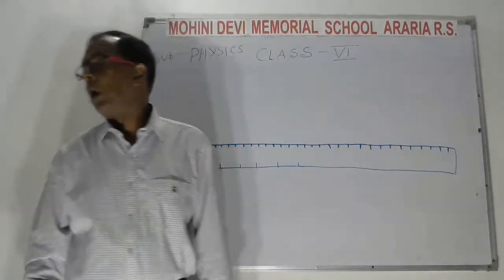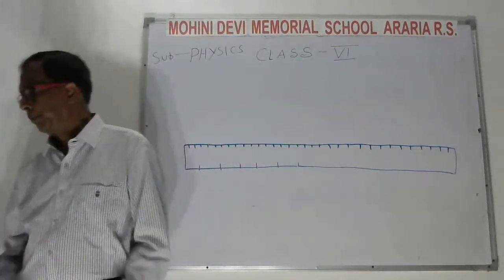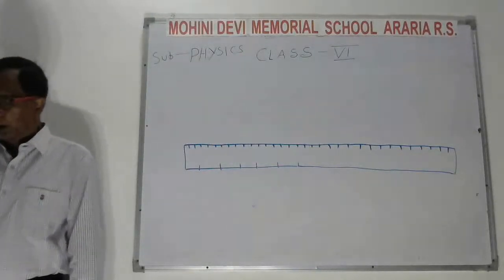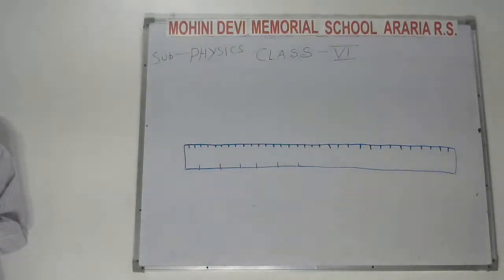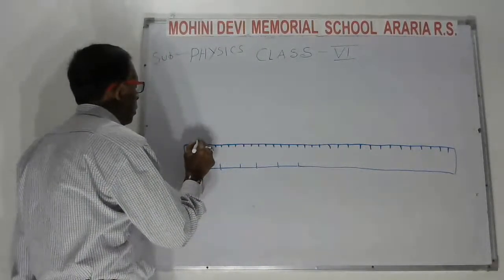Correct? Now you are putting a thread, a knitting thread, and want to measure the length of that. One end of the thread is brought to the scale.